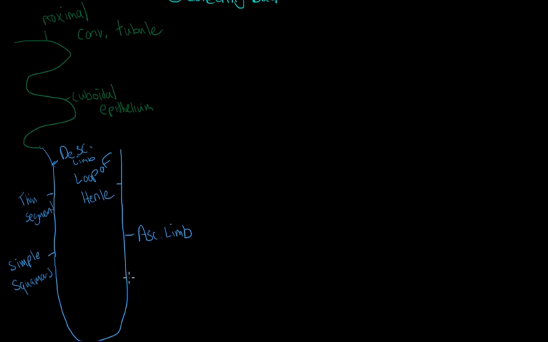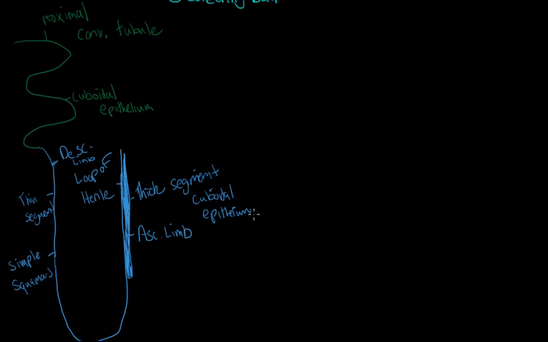When we get to the ascending limb here, we get a thicker portion. And this thicker portion is actually going to run into the next portion as well. We're not going to draw the whole next portion this thick. This is the thick segment, which is then again made up of cuboidal epithelium.